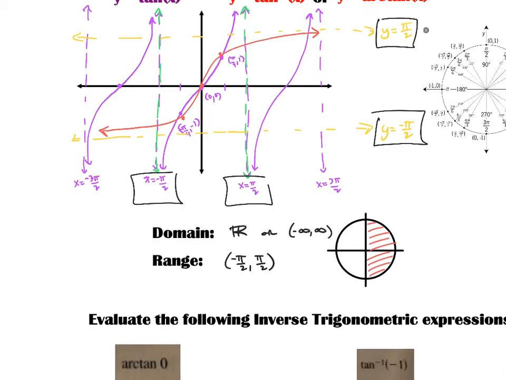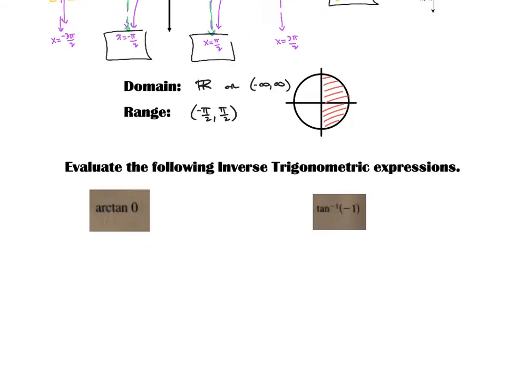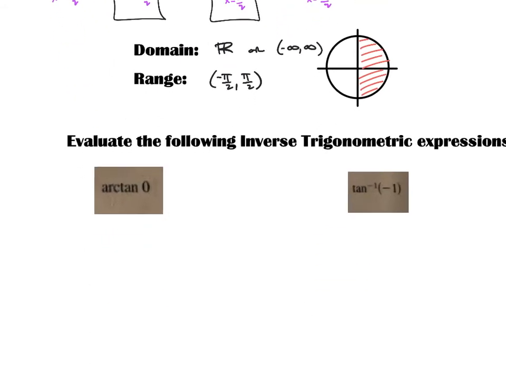So let's go ahead and look at a couple of examples. Okay, arctangent of 0. Where in the unit circle is the tangent 0? Well, there's two places. So if I'm asking this, theta equals arctangent is 0. That's the same as saying the tangent of theta equals 0. And that happens at two places, right? That happens at 0 degrees, and it also happens at 180 degrees.